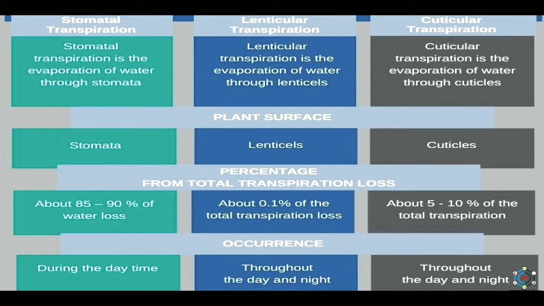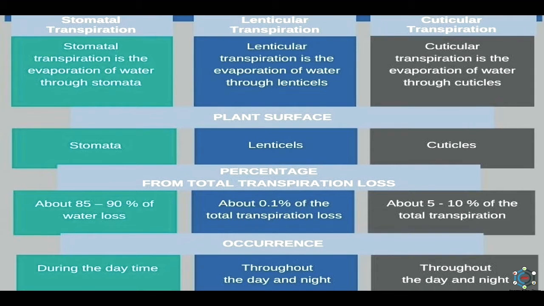Regarding the plant surface, in stomatal transpiration it is the stomata, in lenticular transpiration it is the lenticels, and in cuticular transpiration it is the cuticles. In terms of percentage of total transpiration loss, stomatal accounts for about 85 to 90% of water loss.